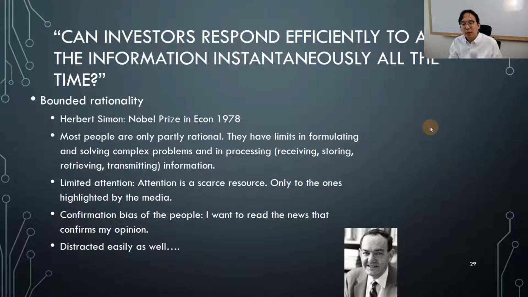Why is that the case? Media-driven attention? Well, the basic presumption or assumption in the traditional economics theory is that all the investors in the market are fully aware of the existence of all the companies in the stock market, like 6,000, or in the Korean market, 2,300 companies listed in the Korean stock market right now, assumed to be known.